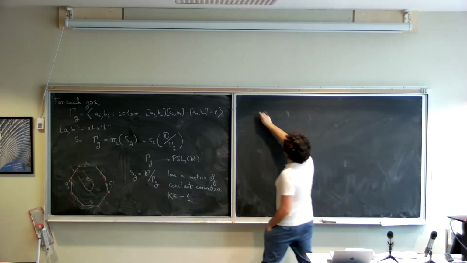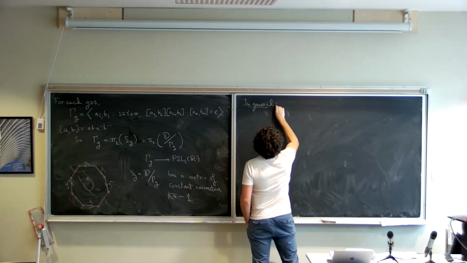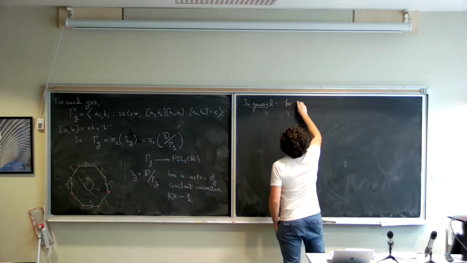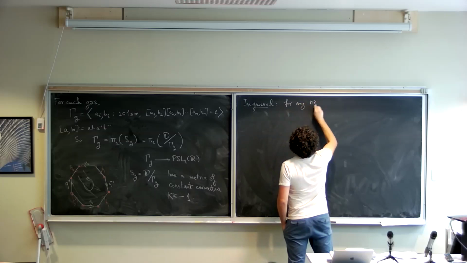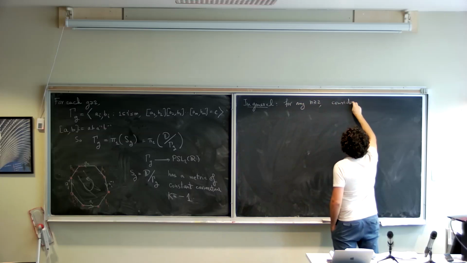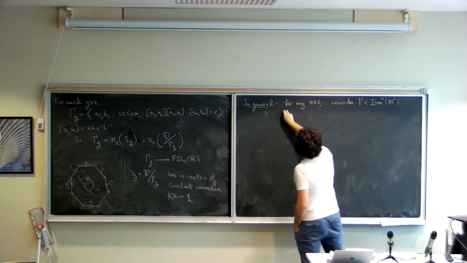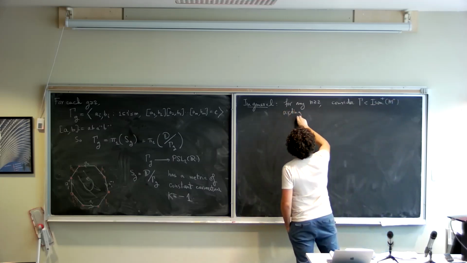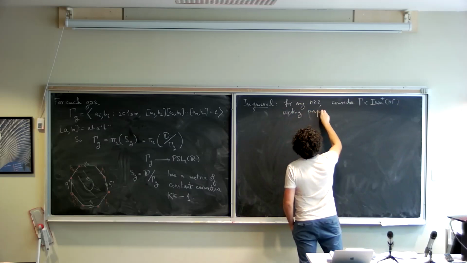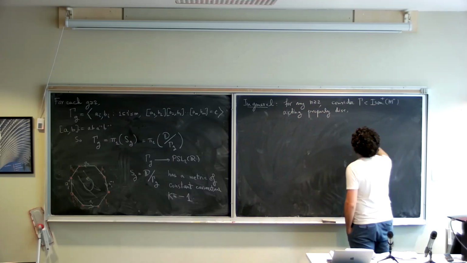So in general, in higher dimensions, for any n bigger than 2, you can consider again a group Gamma, a group of isometries of H^n, acting properly discontinuously and co-compactly.